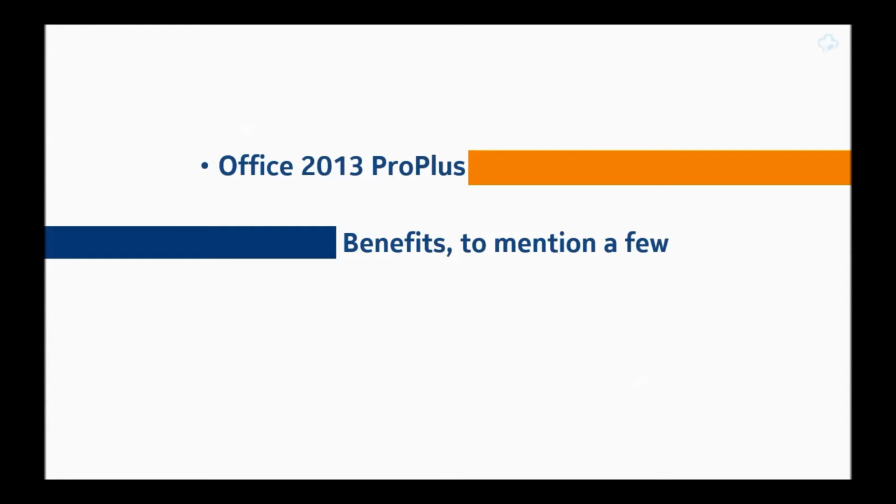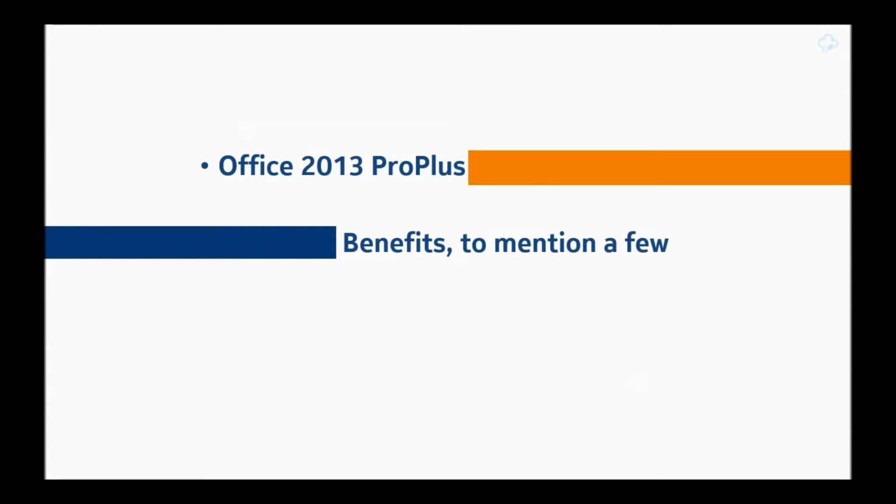The ability to visualize, analyze, and display the results with a single click in Excel. And the new OneNote, a digital notebook for creating and storing all your notes. So I'll take you through the benefits in Office 2013 one by one first, and then I will move to Office 365.